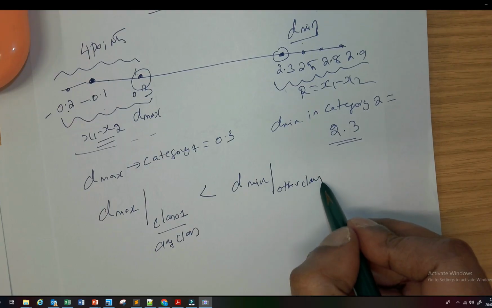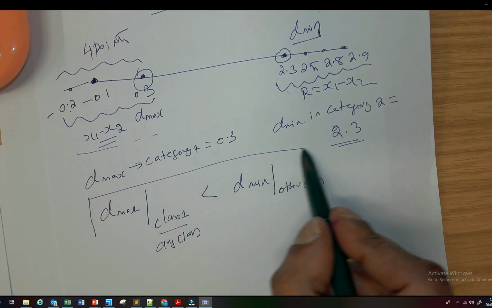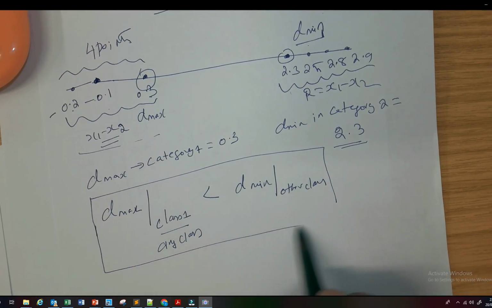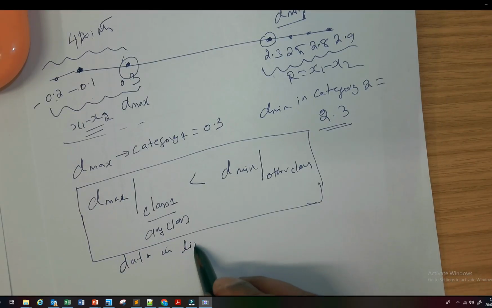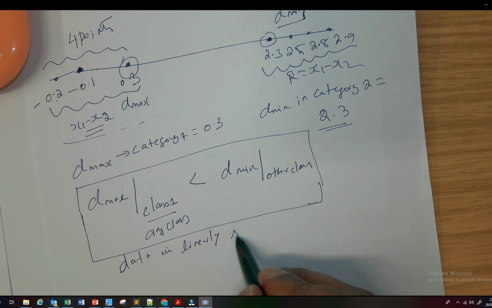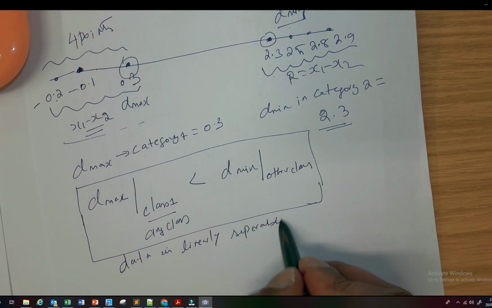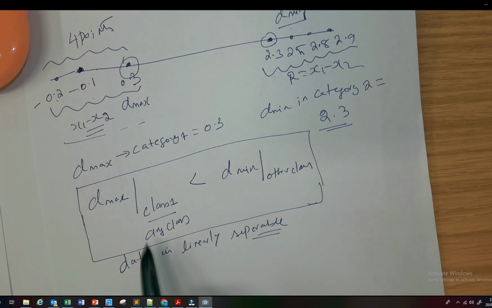So this is a must. If this condition exists, then we can safely say the data is linearly separable.